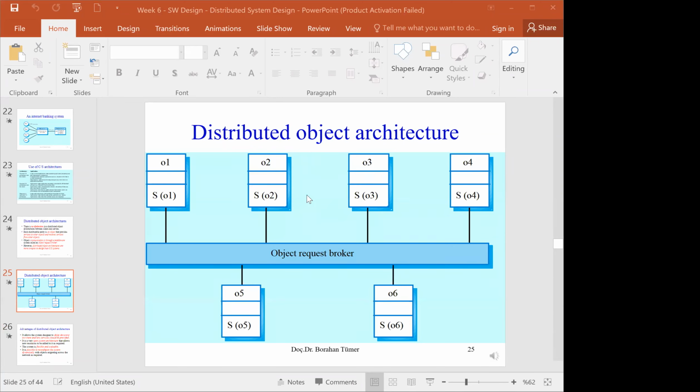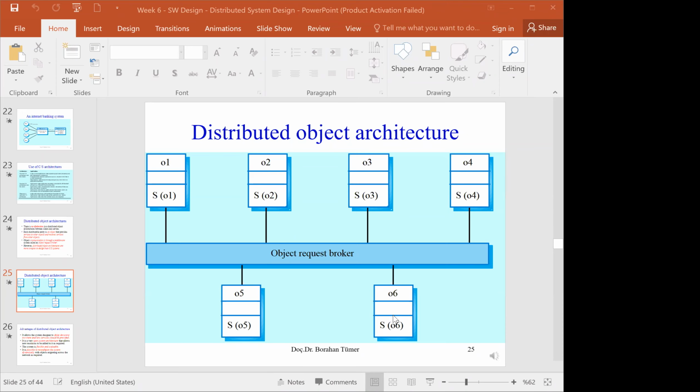Okay. Well, this is a typical distributed object architecture diagram. Here we have six nodes, six processes which serve both as servers and clients.